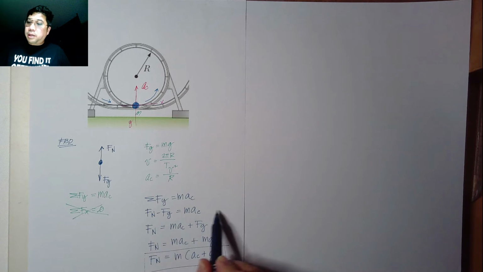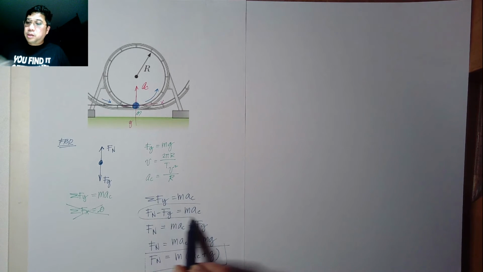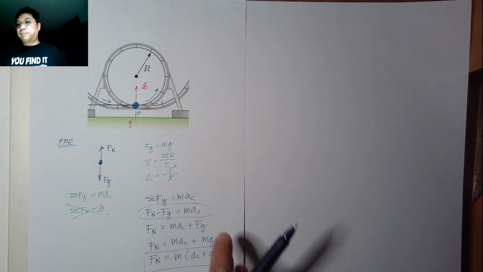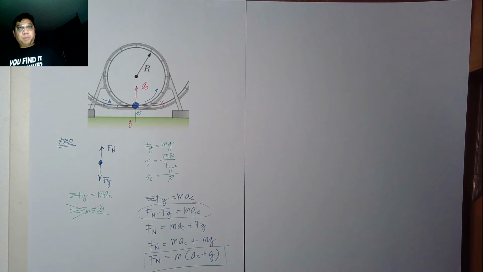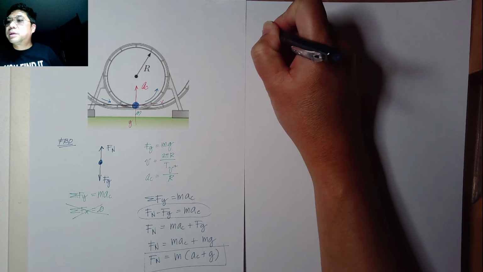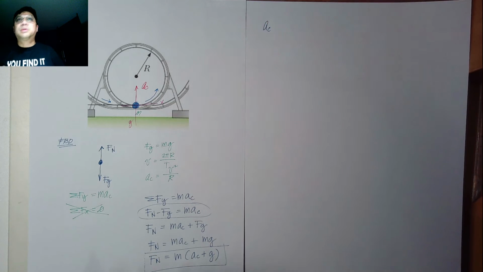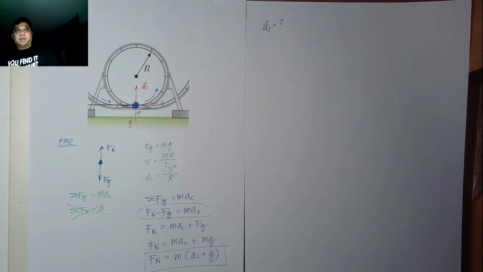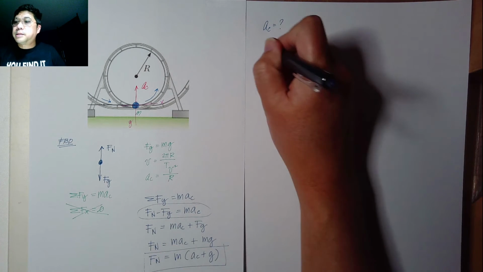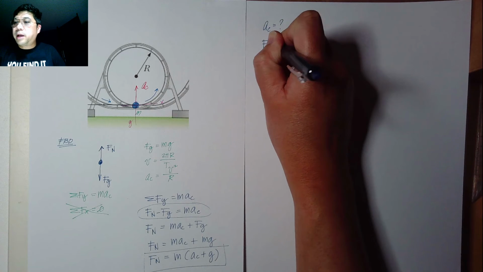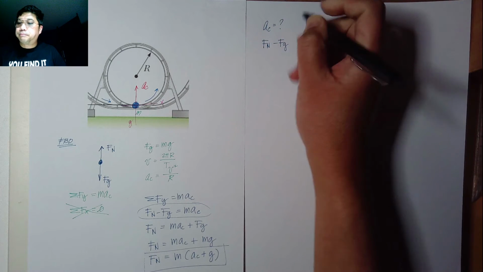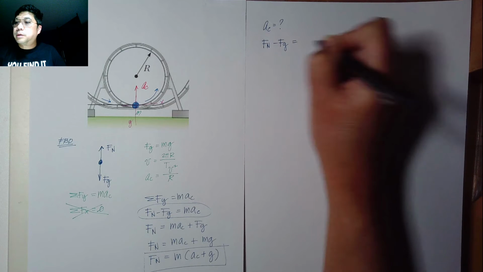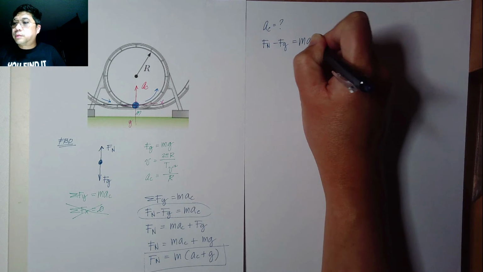So I can say that let's use this part of the equation for letter B if we want to solve for centripetal acceleration ac. Then using this, that is Fn, or the normal force minus the force of gravity, is equivalent to mac.